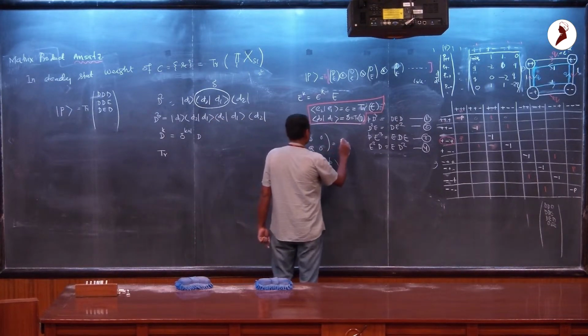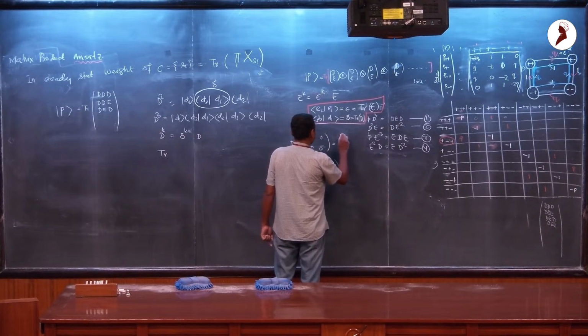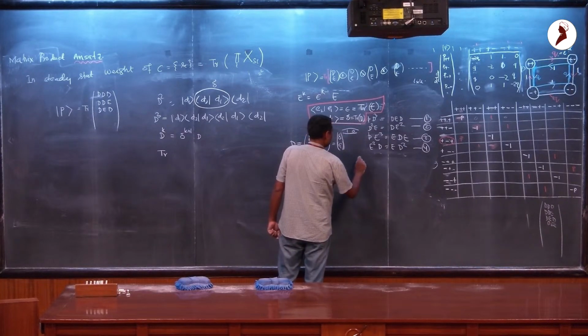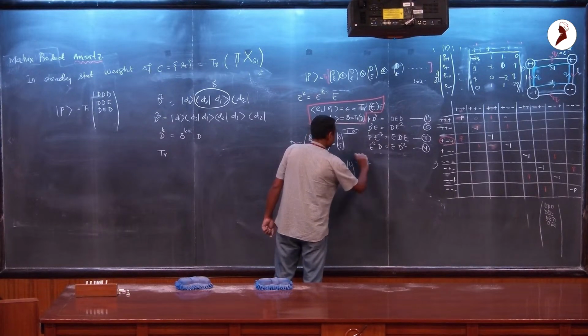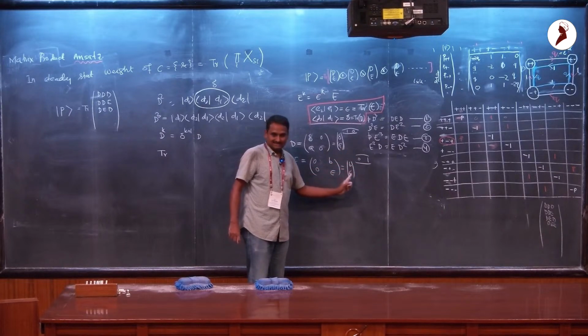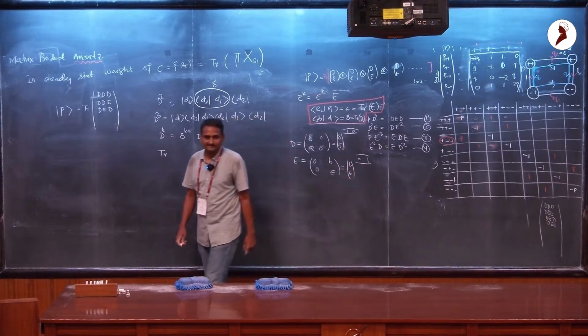So this is just delta A into 1 0. This equal to 0 1 into B epsilon. Okay, so this is D1, this is D2, this is E1, this is E2. Right?